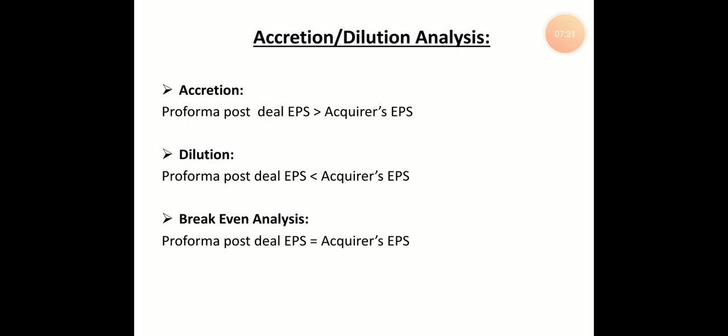If my pro forma post-deal EPS, means after the deal जो मैंने EPS find out करी है, is lesser than the acquirer's EPS, that is called dilution. Dilution means there is a decrease. And break-even analysis is basically when both are equal, pre and post EPS are equal. So basically there are three techniques to find the value of EPS, whether there is a positive impact or negative impact.